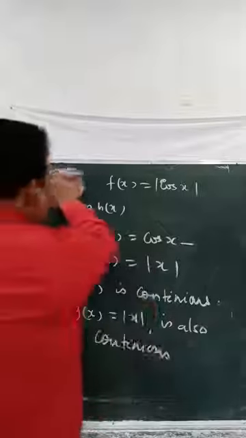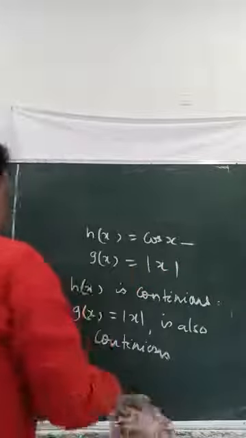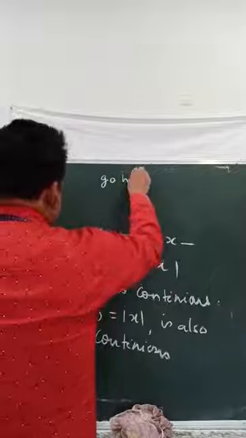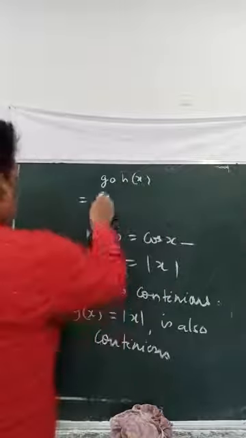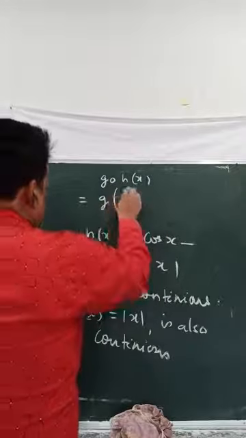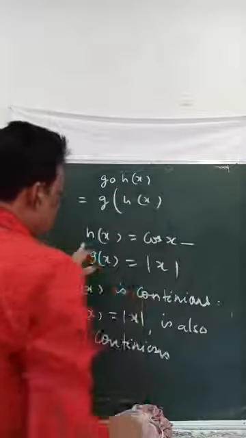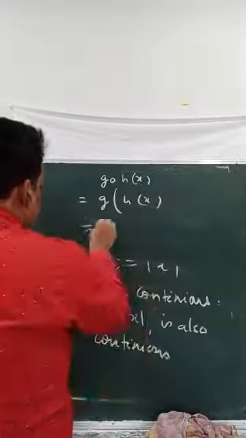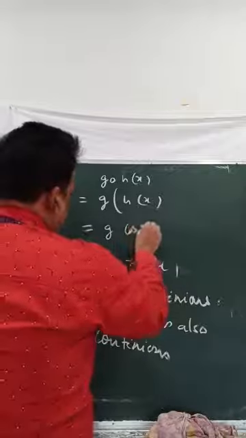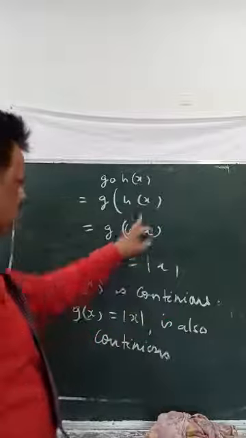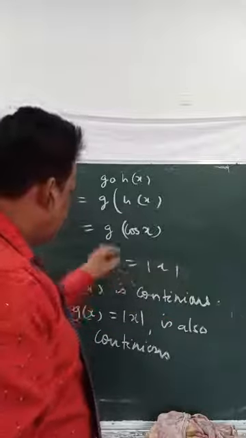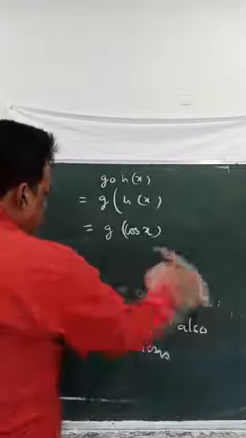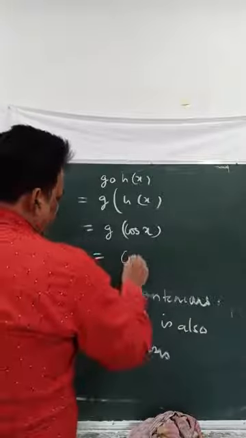So now what will be g of h(x)? That is g of h(x). What is h(x) for x? The cos x. That is g of cos x, because h(x) is cos x. What is g(x) doing? Whatever the value is, it is making it modulus. That means that will be modulus of cos x.